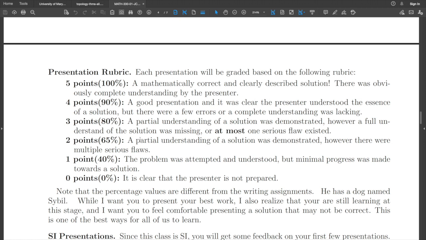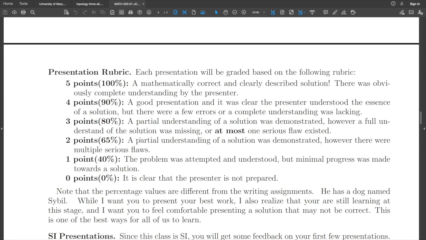I want you to feel comfortable presenting an incorrect proof. If you do not feel 100% confident that your proof is perfectly right, that's fine. In fact, that's great. Those are some of the best ways in which the entire class can learn together. So I want you to present that proof, and I want you to present that proof with confidence and with joy.